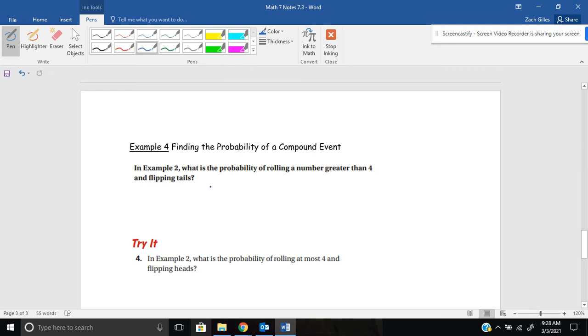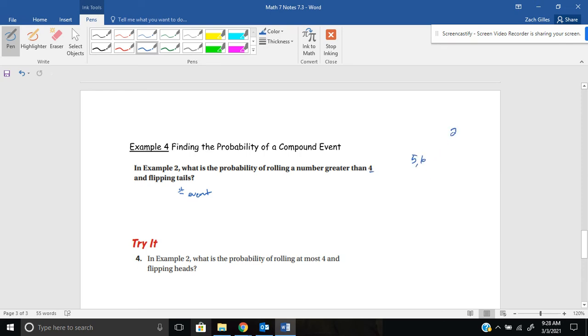Okay, so what I like to do is I like to think, okay, what is the probability of my first event? So the first event, rolling a number greater than 4. Well, what are numbers greater than 4 on a number dice? Well, that's either 5 or 6.